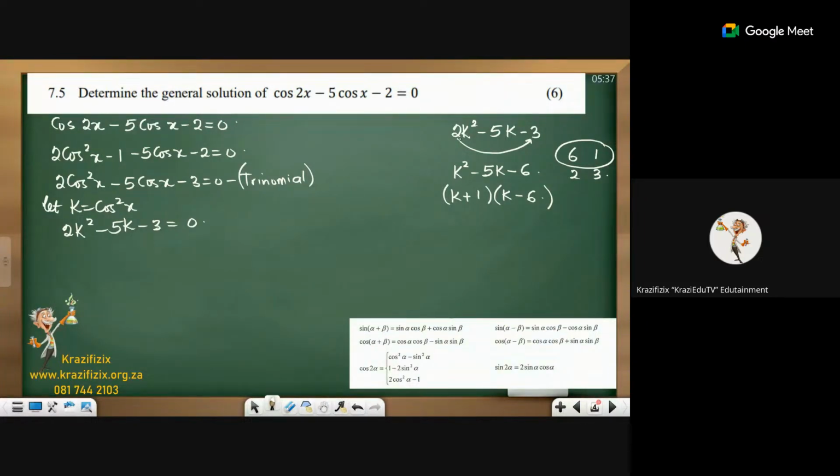Remember, I had multiplied with 2 in the first step. I'm going to come back and divide by 2. The aim is to have a whole number on the side. If I have k plus 1 over 2, I don't want a fraction. You can try this in so many other questions. You will see how simple it is.